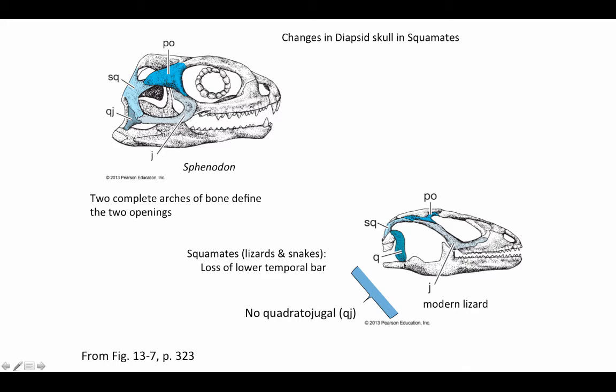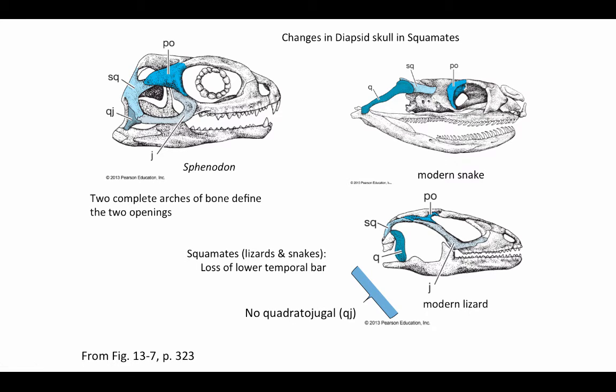And the bone that defined that lower temporal bar, the quadratojugal bone, has been lost in this modern lizard. And we see even greater reduction of the dermatocranium when we look at modern snakes.